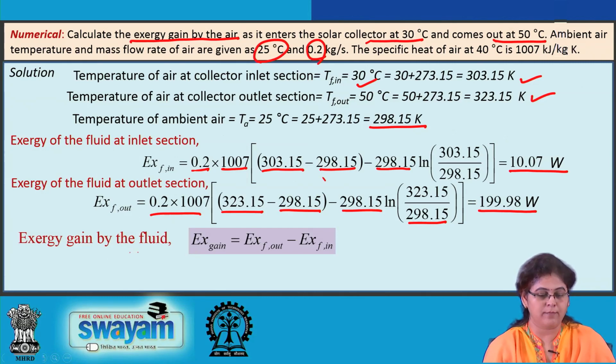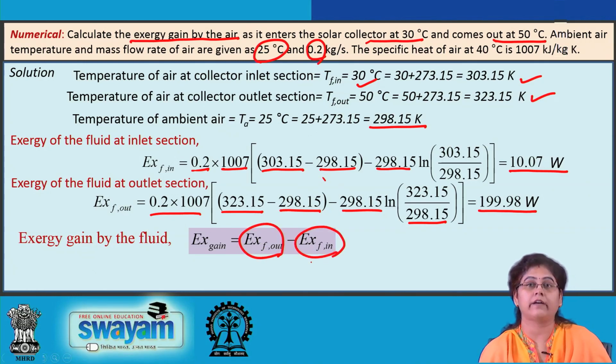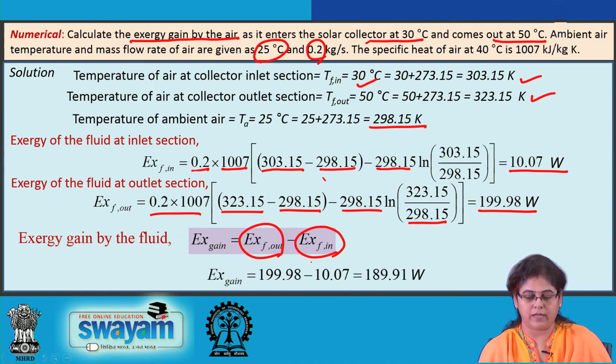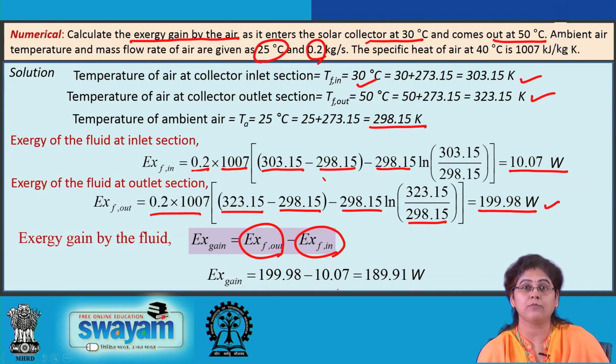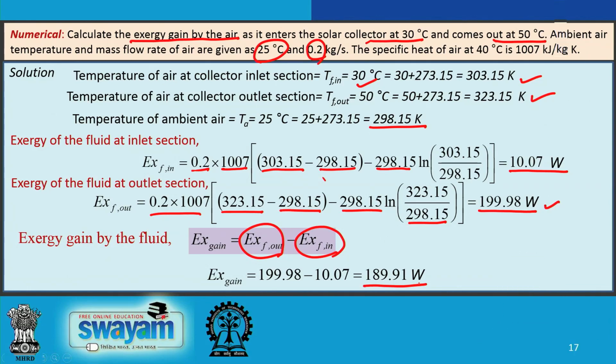So, the exergy gain by the fluid will be the exergy of the fluid at the collector outlet minus the exergy of the fluid at the collector inlet section. That is 199.98 minus 10.07, which is 189.91 watt. So, today we will stop here and next we will proceed further. Thank you.